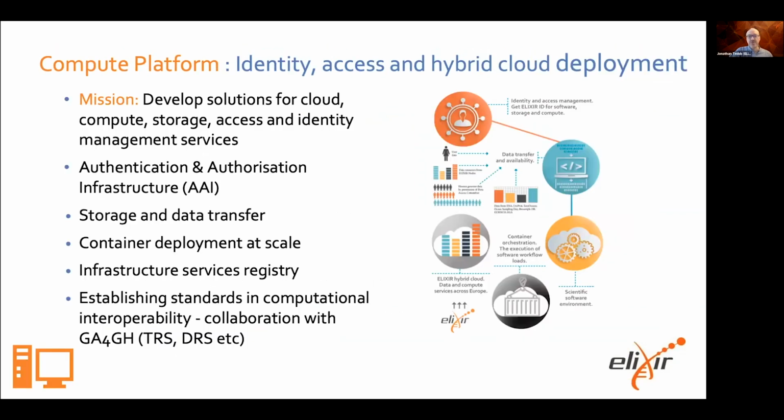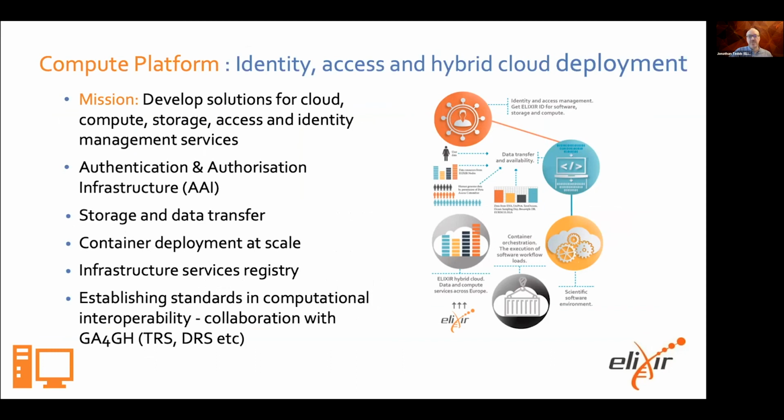So coming to compute and cloud more specifically, most of this I've already said. I think 2 of the key ways we achieve our goals in enabling this distributed federated access is through key tasks in our platform in compute around establishing and implementing computational standards. So that's the bottom point around Global Alliance for Genomics and Health Standards.